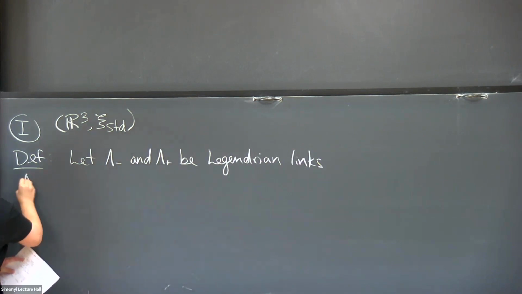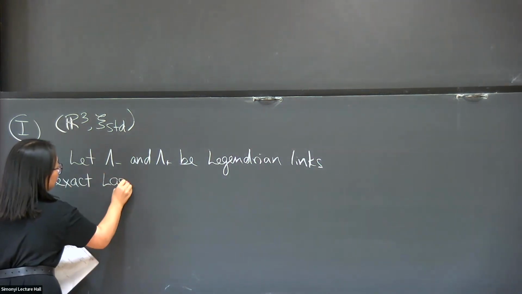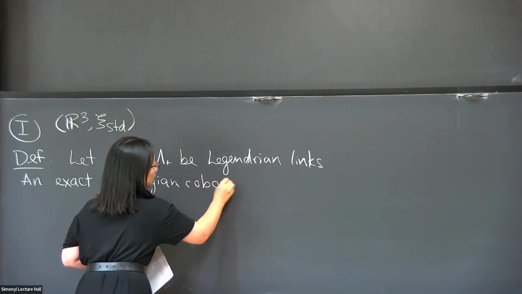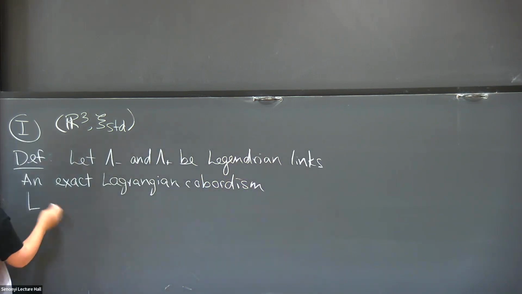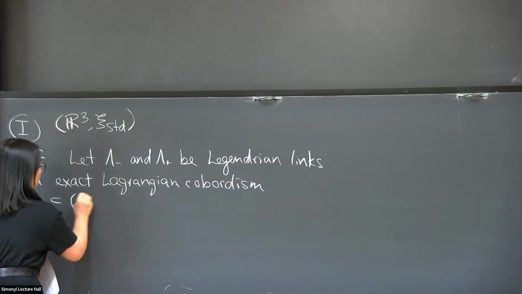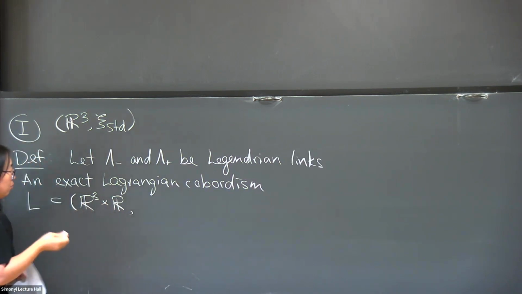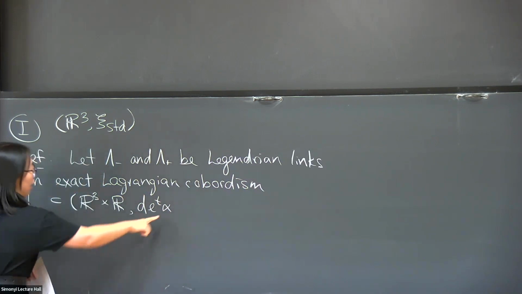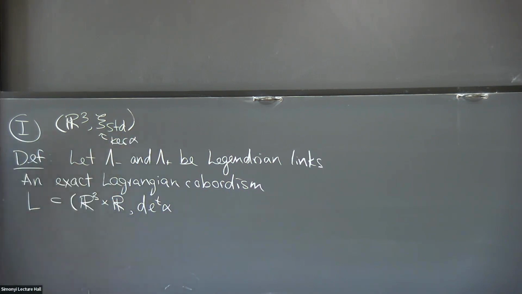An exact Lagrangian cobordism, which I'm going to denote L, is going to live inside of the symplectization of R3, with the symplectic structure where alpha is the one form that gives me my contact structure.